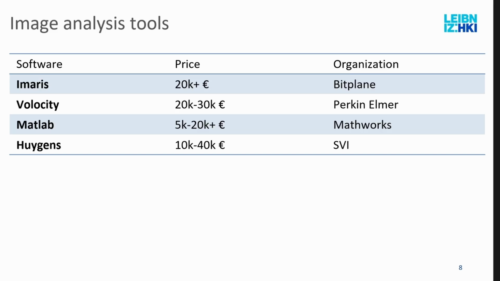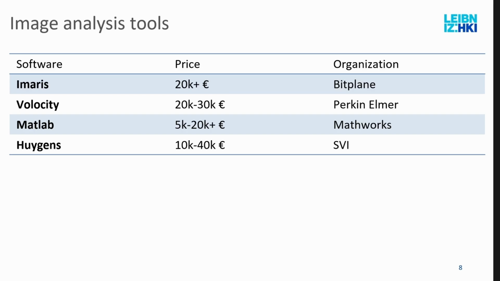You can then use all kinds of different image analysis tools that you can pay a lot of money for. These prices are actually not one-time prices. These are usually yearly prices as well. For example, Imaris, that we have here in our department, MATLAB we have also, and Huygens we have also for deconvolution.